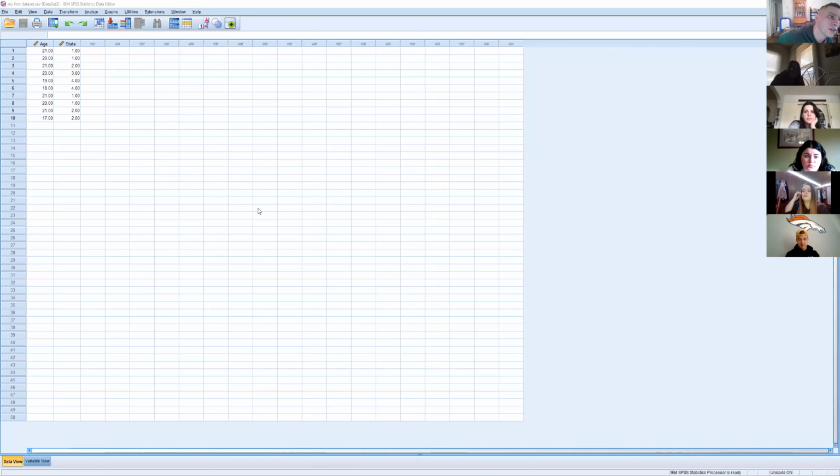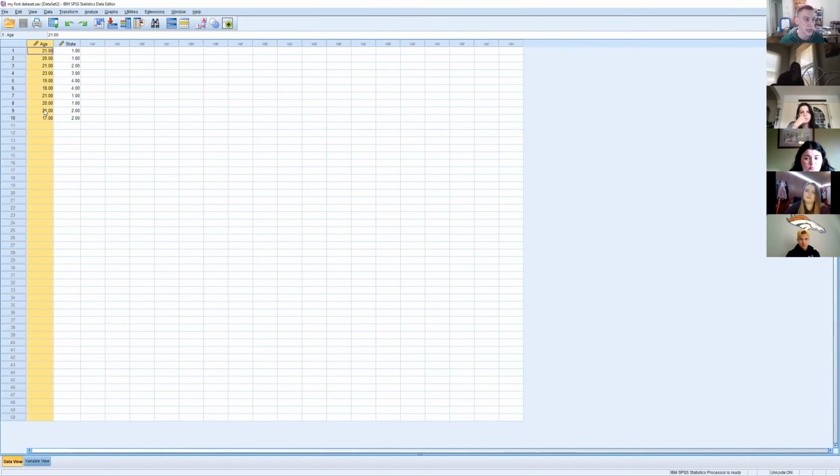Okay, so yeah, I went to File, I went to Open, and I went to Data, the data icon, and then it opens up the file finder window, and then you can go and find wherever you saved your data set. Okay, so we're here. So we made already age, and so this would be considered an interval scale. True 0 is not on here, but the difference between 20 and 21 is 1 year.